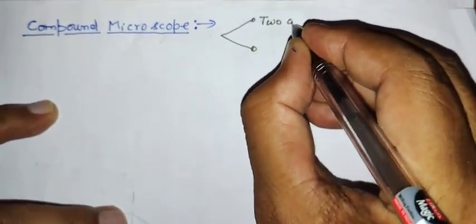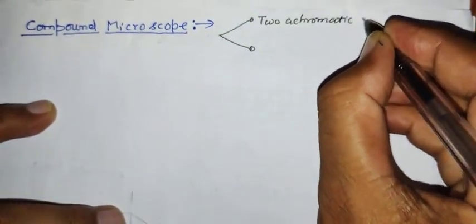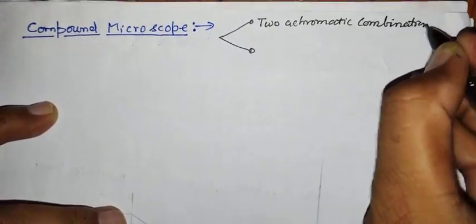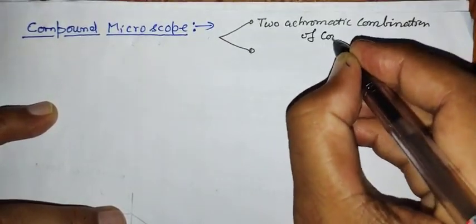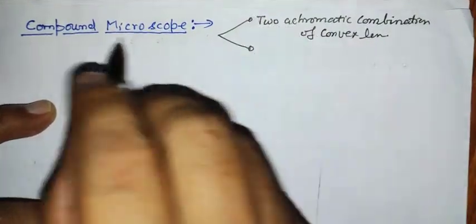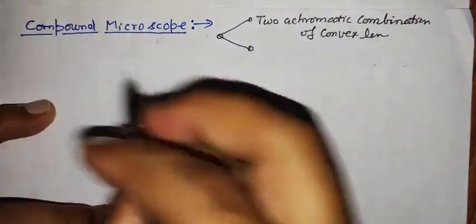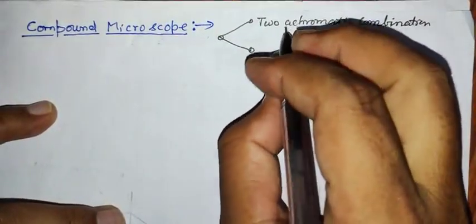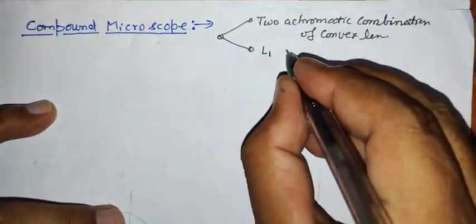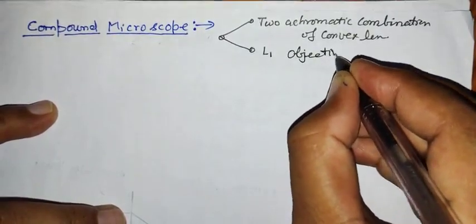Two achromatic combination of convex lens. Out of these two achromatic combinations of a convex lens, the first lens, let L1, is known as the objective lens.